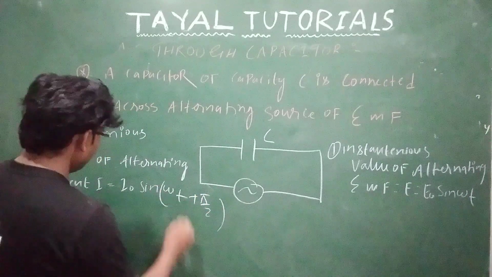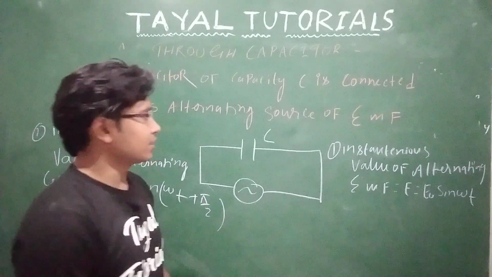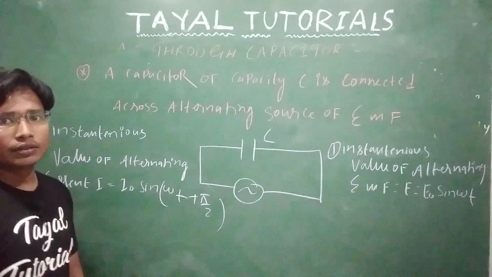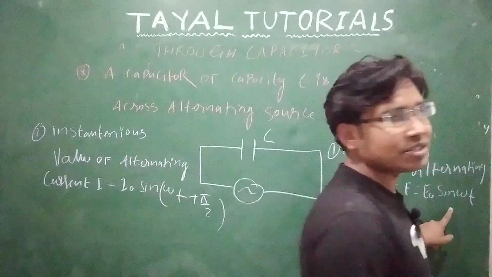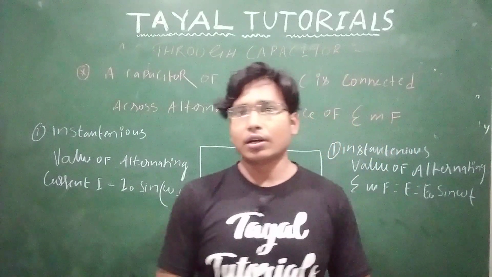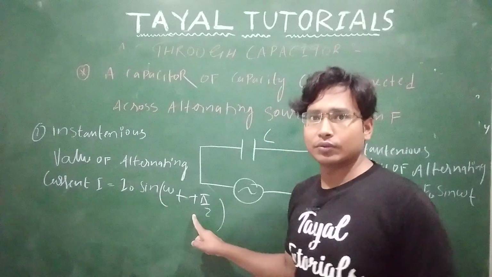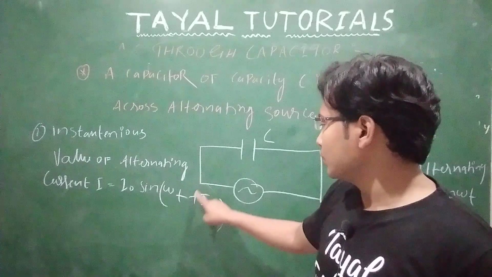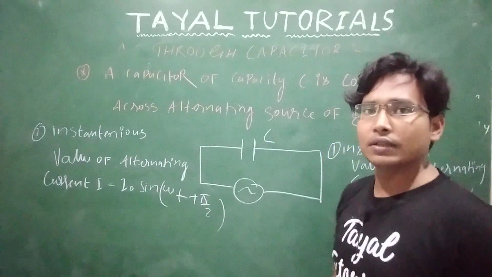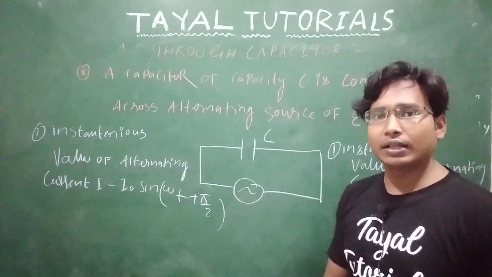In a pure capacitor, the current leads the voltage by 90 degrees. You can see your EMF is E is equal to E naught sin omega t, but your current is I is equal to I naught sin omega t plus pi by 2. Plus represents the lead, and this pi by 2 is 180 by 2, this is your 90. So what happened in a capacitor: the current leads the voltage by 90 degrees.